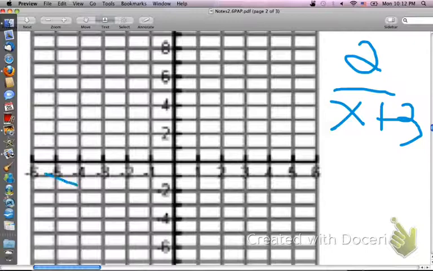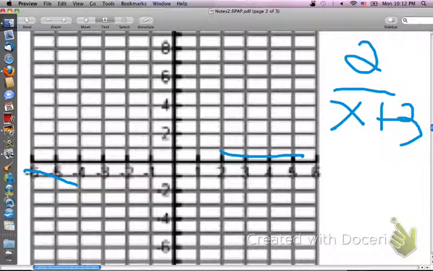Sorry, as x approaches negative infinity, our function approaches 0. And as x approaches positive infinity, our function approaches 0. Then we had a vertical asymptote at x equals negative 3.